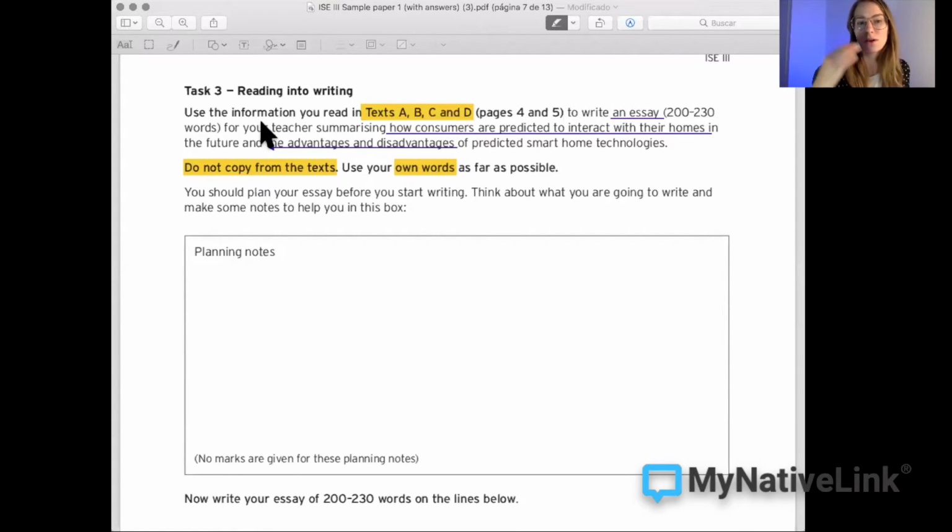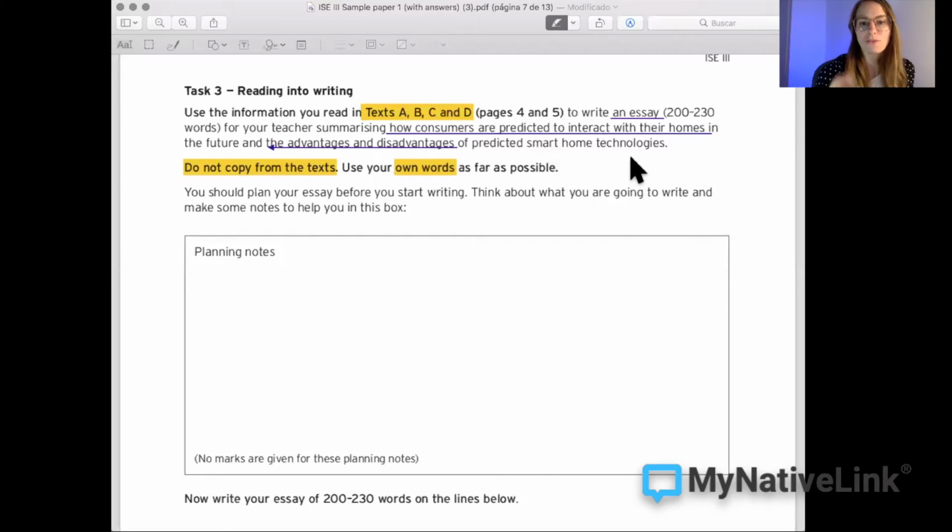So also make sure you know how to count your words. For your teacher, so register, formal, summarizing how consumers are predicted to interact with their homes in the future and the advantages and disadvantages of predicted smart homes and home techniques.